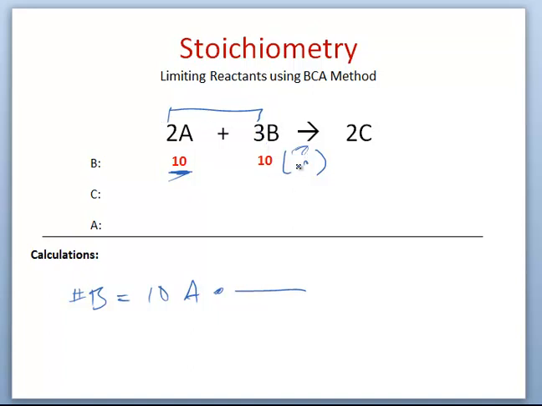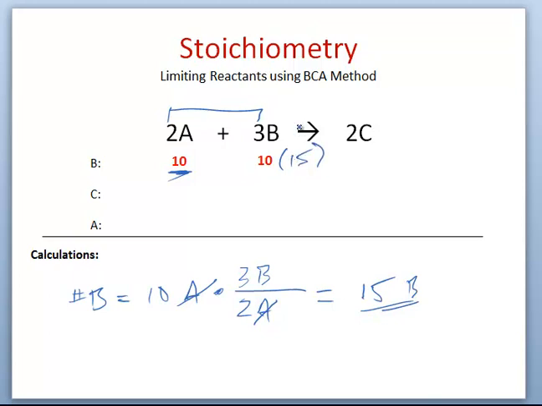And since we're interested in finding out about B's, we put the coefficient for B on top and then the coefficient for A on the bottom. You can see the A's cancel out. And when you take 10, multiply by 3, that's 30. 30 divided by 2 is 15. And so we're going to need 15 B's, which is exactly what we thought we would need.